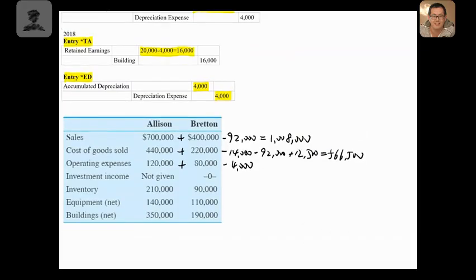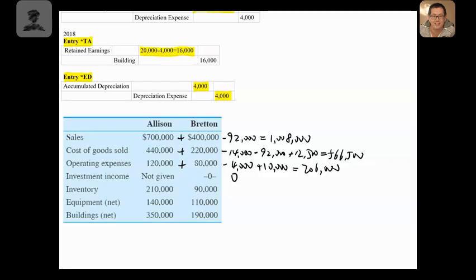Okay, plus 10,000 equals 206,000. Investment income, the consolidated total for investment income is 0.